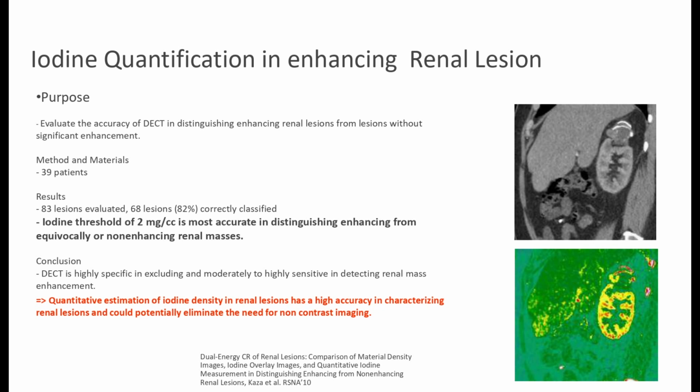This is easy for you to quantify and differentiate compared to the normal renal cortex and the RCC. So no need for an immediate NCCT, just see the concentration of iodine in that particular region. It will be high. Many publications say that for enhancing lesions, any value above 2 milligram of iodine needs to be considered as a lesion.